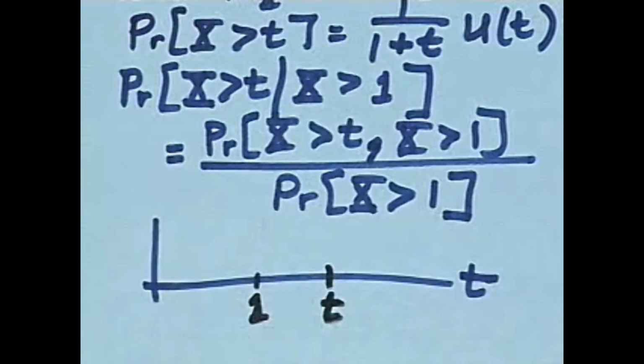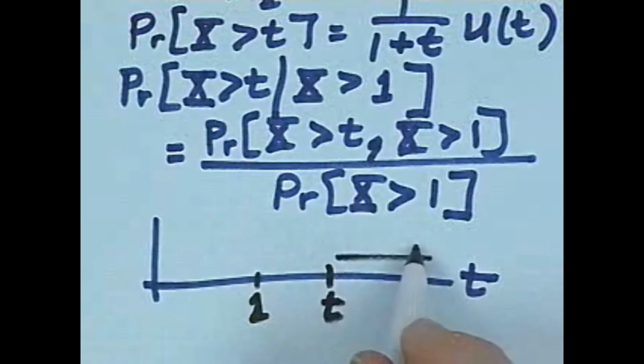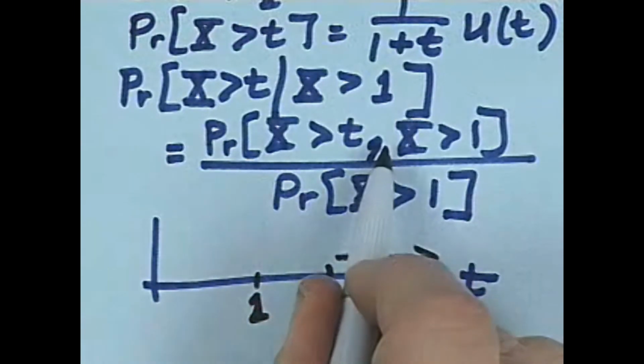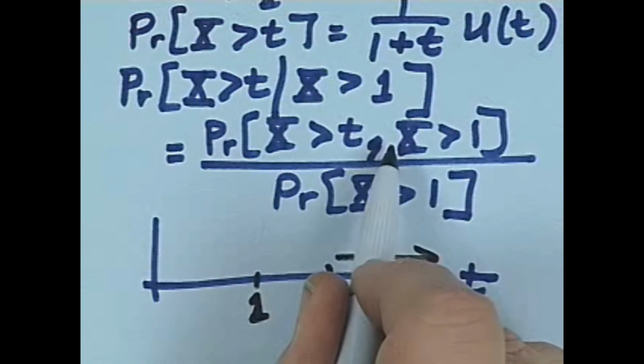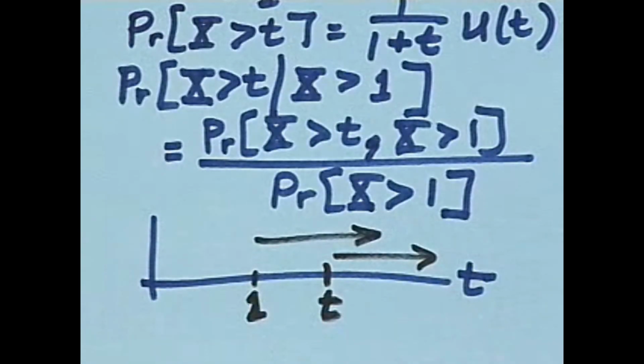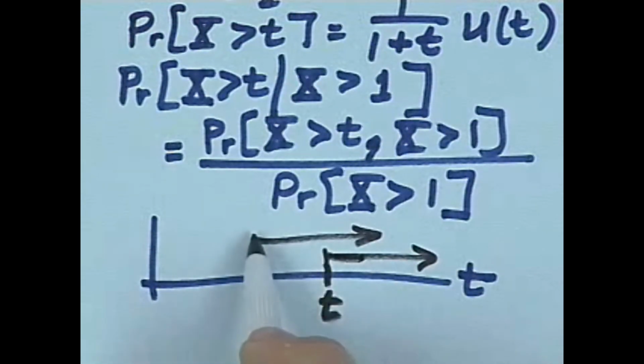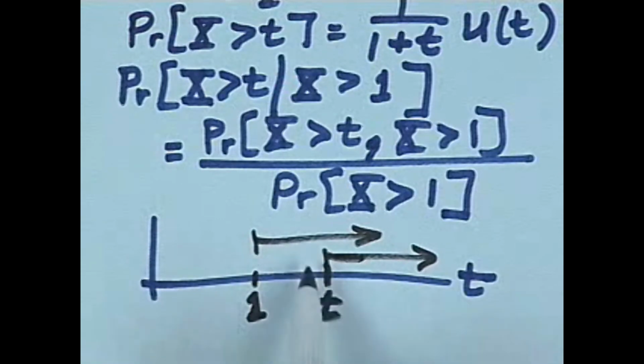And we're asking ourselves, what is the probability that x is greater than t, and, that's what this comma means, and x is greater than 1? Correct? Clearly, x greater than t is an interval subsumed in x greater than 1 as long as t is greater than 1.